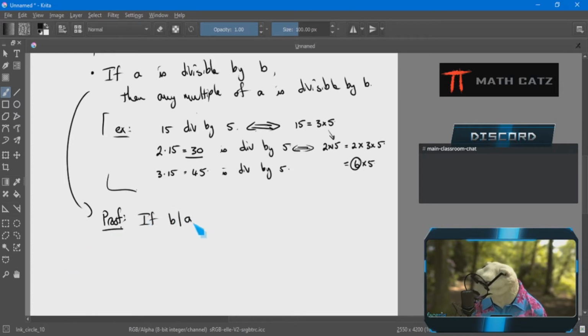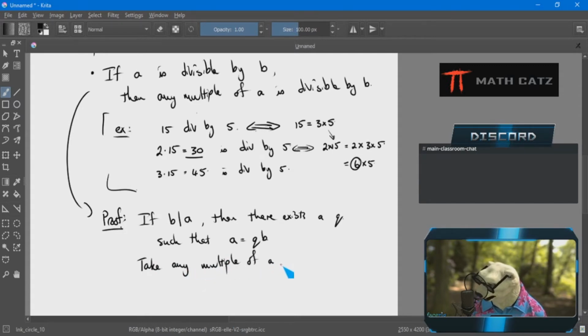If A is divisible by B, that's our mathematical way of saying that same phrase, then we know there exists a Q such that, by way of the definition, I can write A equals Q times B. Now, take any multiple of A. Let's call it N times A, right? Because a multiple is just a certain number of times that number, A.